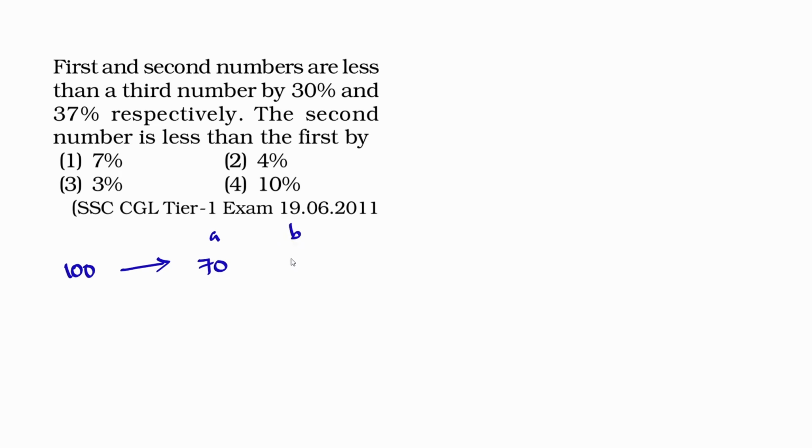And the second number would be 37% less than 100, that is 63. The question is that the second number is less than the first by. So 63 is less than 70 by, well, the difference is 7. Well, by 70, that is, we are comparing it with the first number, that is 10%.